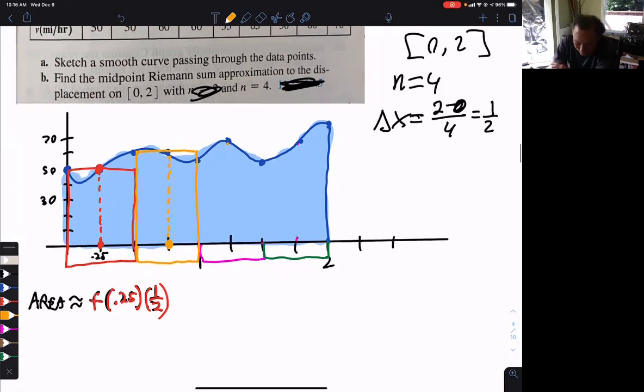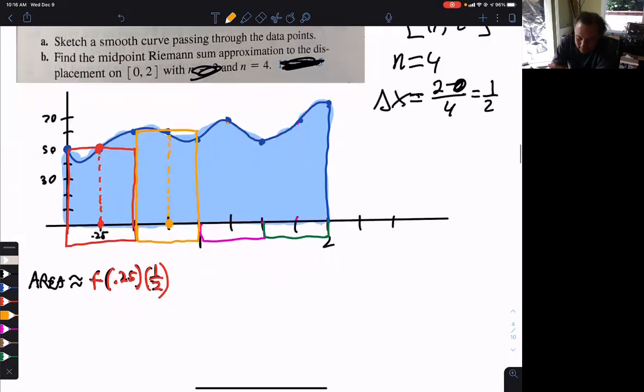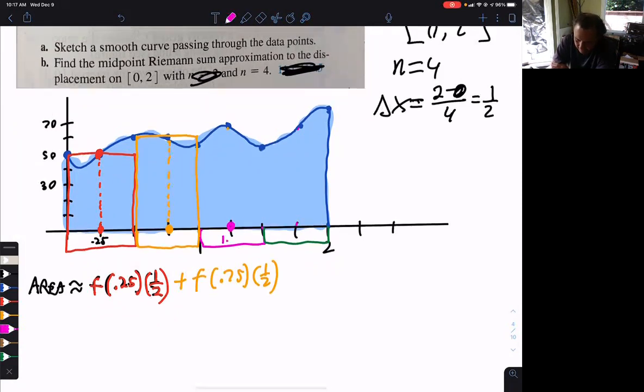So the second rectangle, what's the height of it? The height is the y value there, and this is 0.75 because every dash is 0.25. So it's going to be the function at 0.75, and the width of all these are half, so I'll do a half. The fuchsia, where's the middle of the fuchsia one? I claim it's right there. That's the middle, and that's at 1.25, and the height is going to be right there. So that's the height of my rectangle.